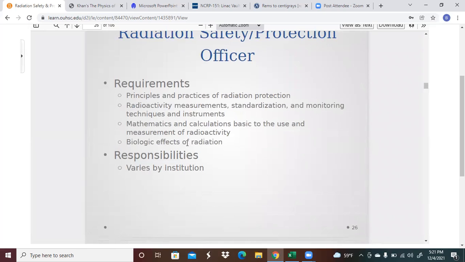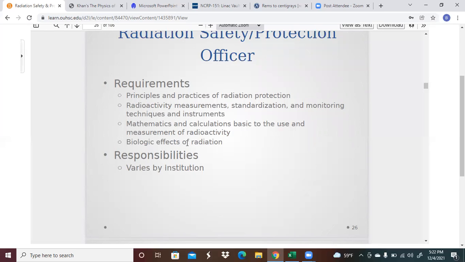So what about the RSO? These are the people that provide the principles and practices for radiation protection. They have radioactivity measurements, standardization, monitoring techniques, and instruments. So in other words, they can go and measure and see what's going on and see if they need to freak out over something.